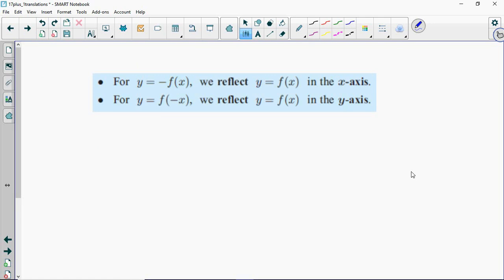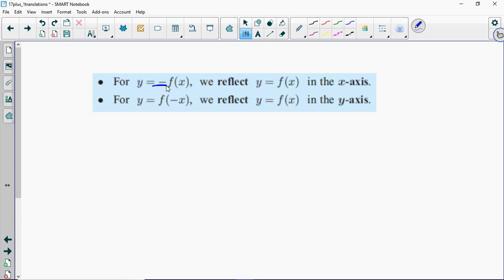Okay, finally, reflections. Again, connect what we're about to see here to what we saw previously. If we want to do a vertical reflection, we're going to put a negative out in front of the f of x, so outside of the f of x. And this is kind of like what we saw in the last one with stretches.